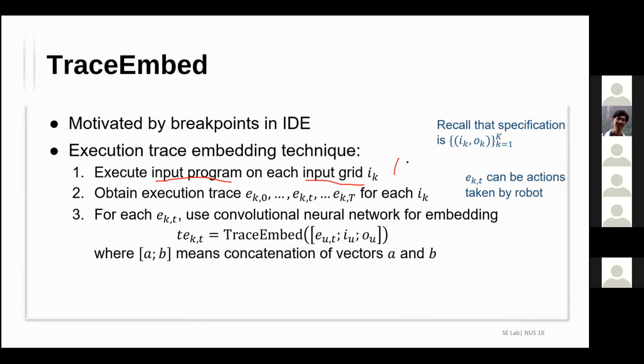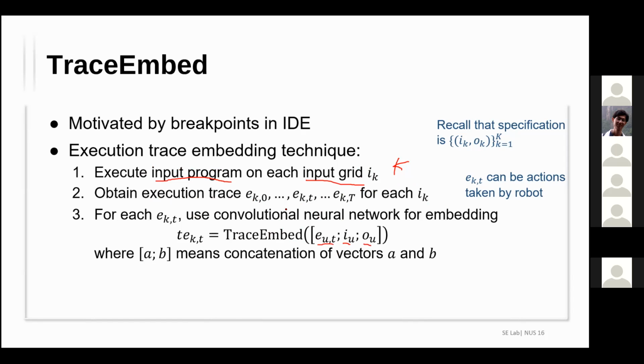So I would have k input grids. I will execute the program on each of these k input grids. Then from there, I would obtain the execution trace for each of these grids. After that, I would do an embedding. The embedding is that I take the execution trace, concatenated with the vector of the input and the vector of the output.